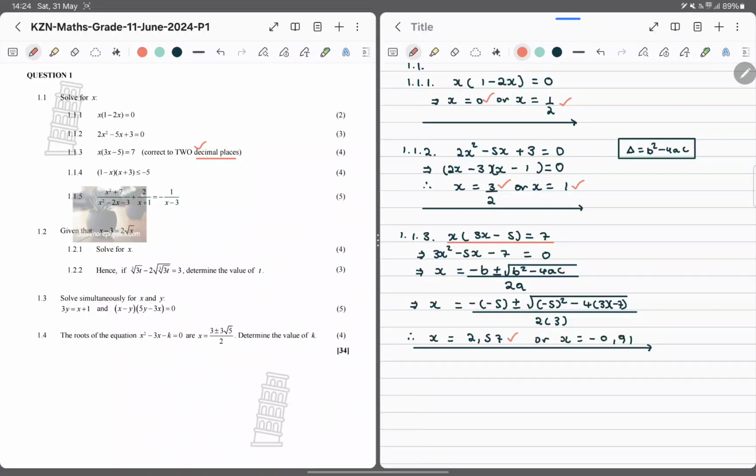Now let's go back and change things again. Now we put for x minus 0.91, minus 0.91.